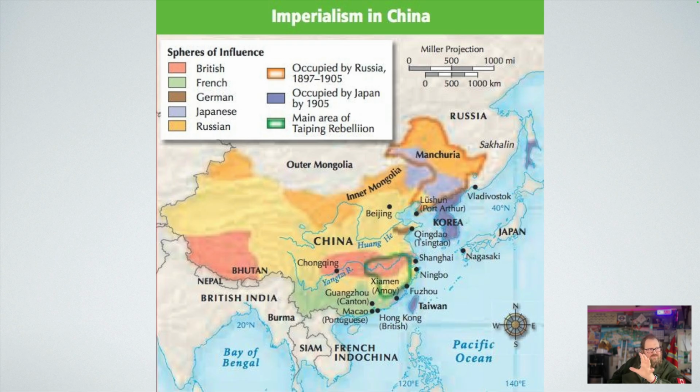So these areas were economically controlled, dominated by the Russians, or by the British, or the French, or whoever. This was a game that the United States was not really involved in at this point, but the United States did have control of the Philippine Islands, just south of this. In fact, I think you can see the beginning of the Philippines right next to the label that says Pacific Ocean, and the other that says French Indochina right in the middle there.